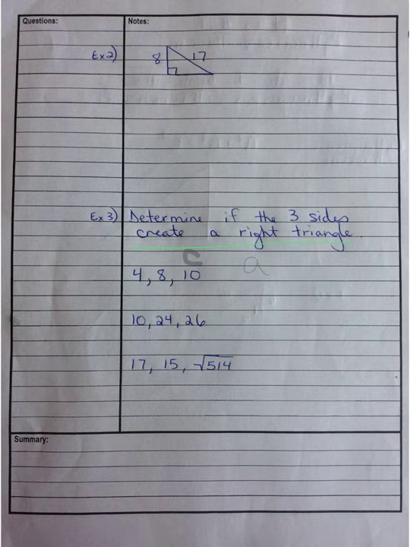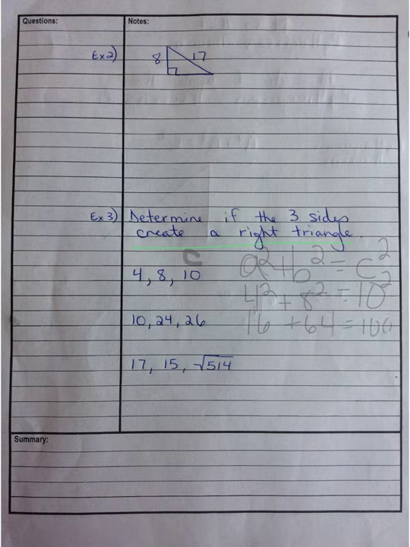I'm going to get a little darker color here. So we have a squared plus b squared equals c squared. We know 10 is going to be the c. It's the biggest number. And we know 4 and 8 are going to have to be the a and the b. So my question is, does 16 plus 64 give you 100?